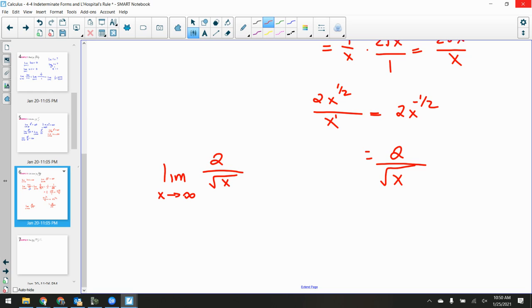Because if I have 2 over a big number, even though it's square rooted in the bottom, the denominator is still going to keep getting bigger and bigger. So it's going to end up being like 2 over infinity. So 2 over a really big number is essentially what? 0. So my answer is 0.